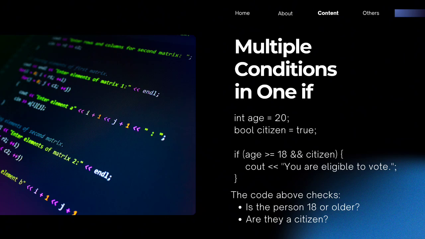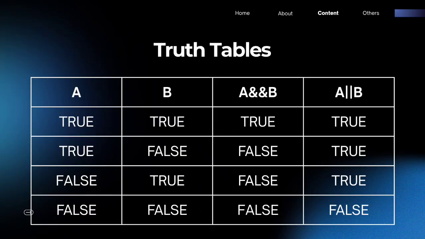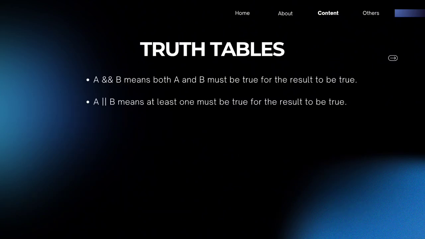Now, let's check the truth tables. This table shows us how logical operators behave with different combinations of conditions. A and B means both A and B must be true for the result to be true. A or B means at least one must be true for the result to be true.